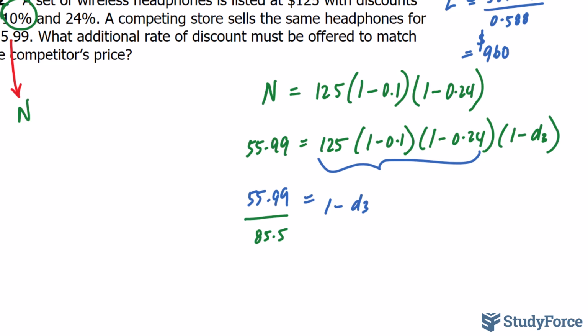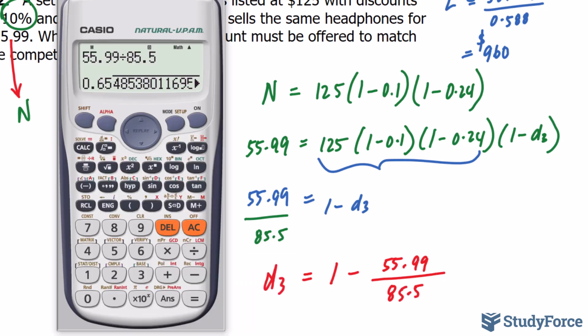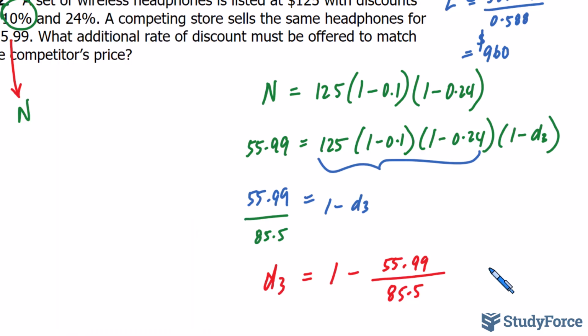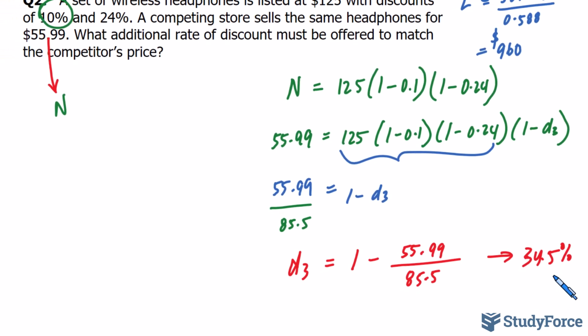And if we rearrange, we end up getting D sub 3 is equal to 1 take away the fraction 55.99 over 85.5. So 1 take away what we just found, and we end up getting 0.3451. Then we multiply this by 100%, or a factor of 100, and we end up getting 34.5%. So roughly 34.5% of a discount must be applied additionally for us to meet the competitor at $55.99.